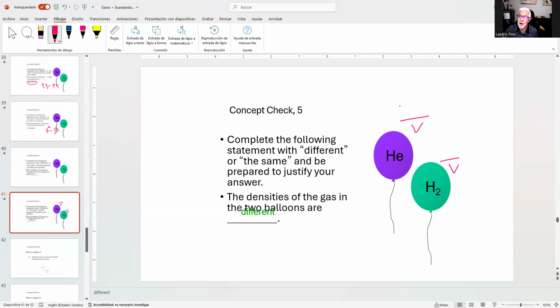Then the mass of helium and the mass of hydrogen will be different, because remember that mass is equal to number of moles times density. Then, if the mass is different, then the number of moles is different, then the density is different.